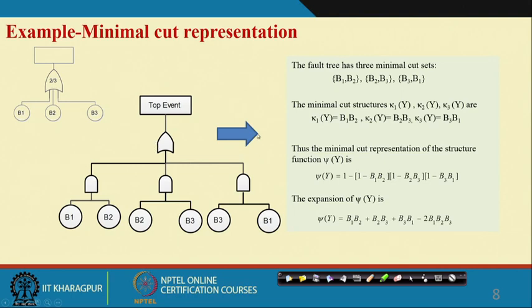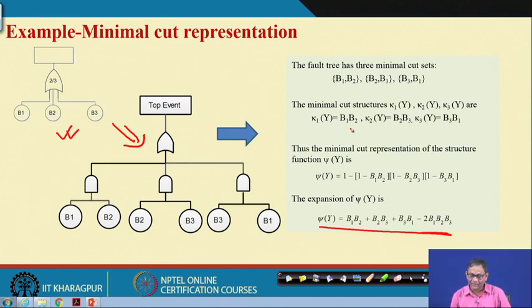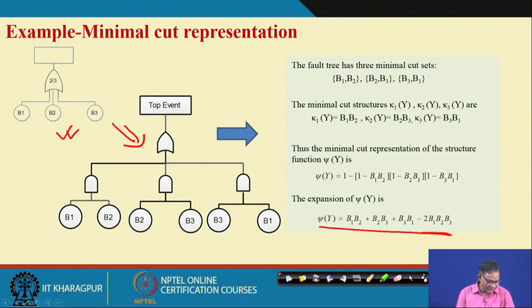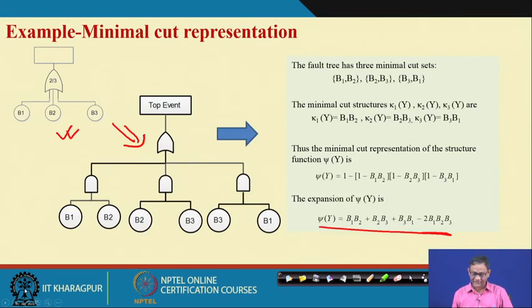Here you see the voting gate case. This voting gate's equivalent cut set representation is this. This structure function you have already seen. Now, here let me add just some correction regarding the indicator variable.